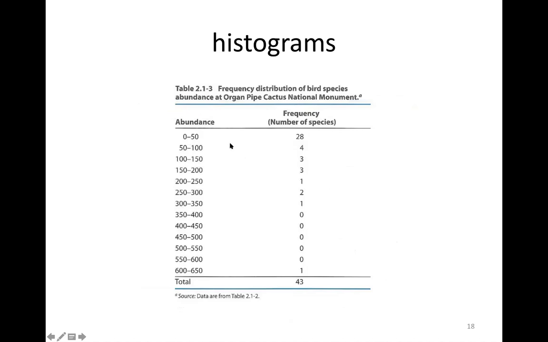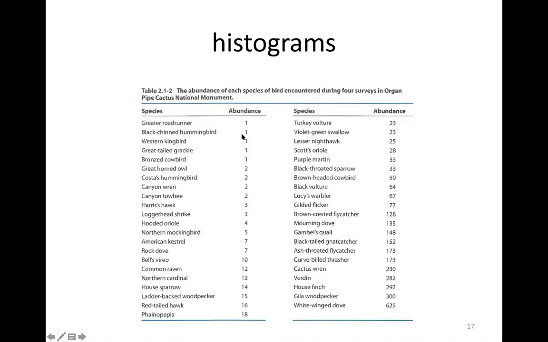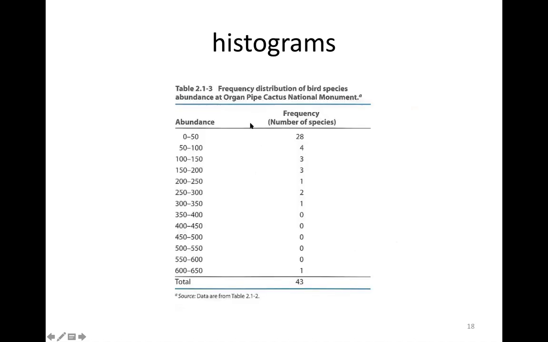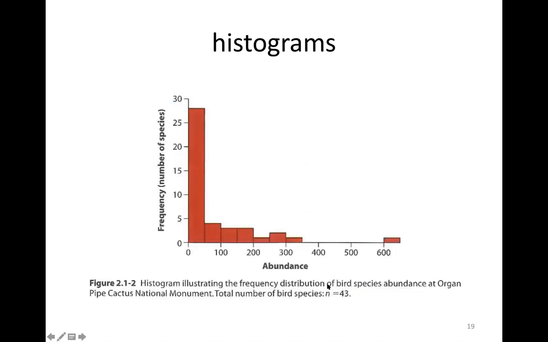Now our variable is abundance, as you see, not species itself. And we have 28 species that show abundance between 0 and 50. You see the point here, where the species has been observed only once to 50 times, and then 50 to 100, etc. 50 to 100 only 4 times, etc. And if we plot the values here, we have a histogram that looks like this.